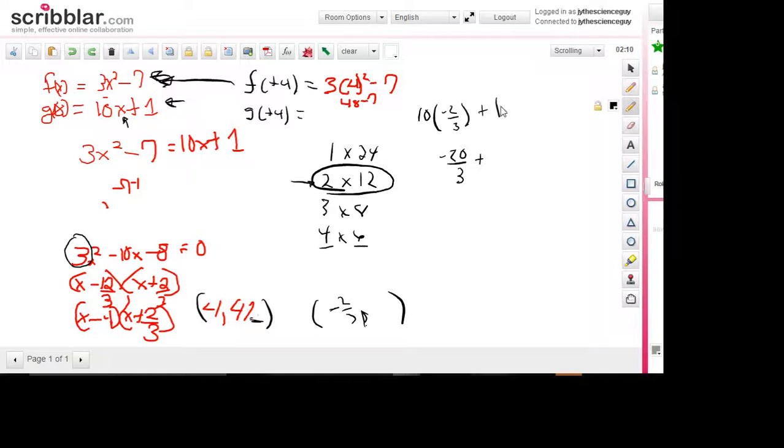And then how can you write 1 as a factor of 3? 3 over 3. So now I have that because that's my common denominator. Now just do the math with the top. You're gonna subtract, so it's gonna be negative 17 over 3.